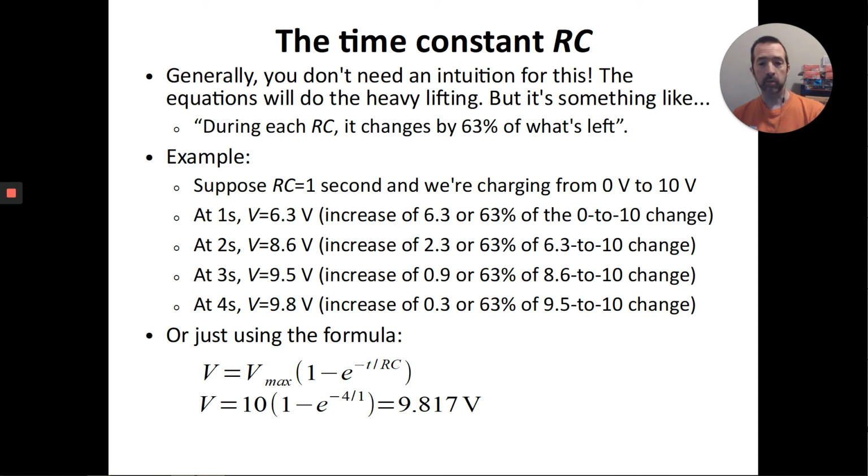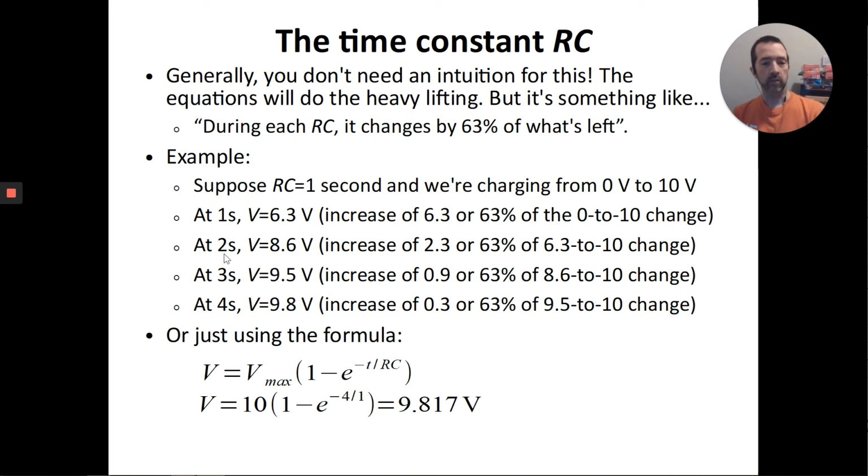As an example, these are the same numbers that were in my Desmos animation. If the time constant is 1, we're going from 0 volts to 10 volts. After 1 second, the voltage is going to be 6.3 because you have done 63% of your remaining change. 63% of 0 to 10 is 6.3.